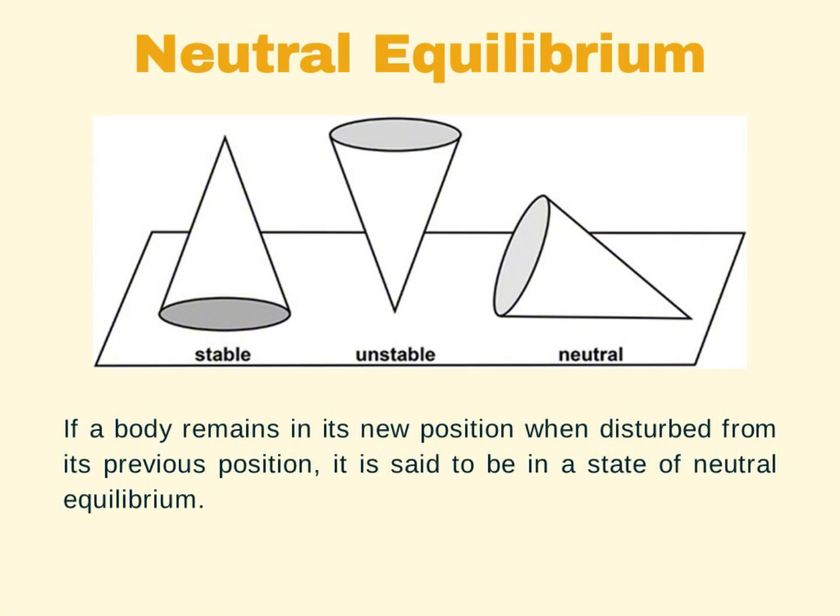The middle figure is in unstable equilibrium and it tips easily when disturbed compared to the first figure. On the other hand, a cone lying on its side is in neutral equilibrium because it stays in place without moving further or returning to its original position. But it can be rolled from side to side. And these are examples of how an object's center of gravity affects its equilibrium.